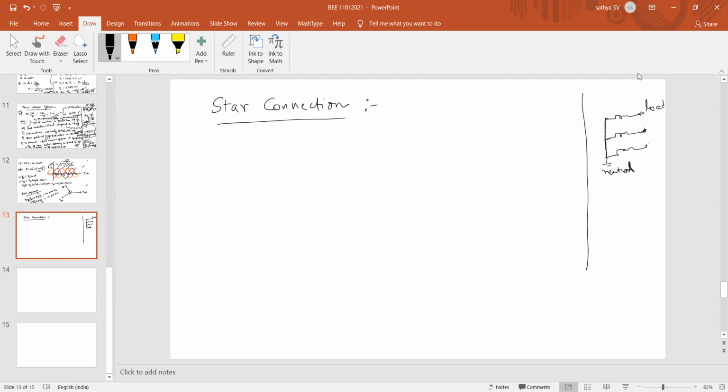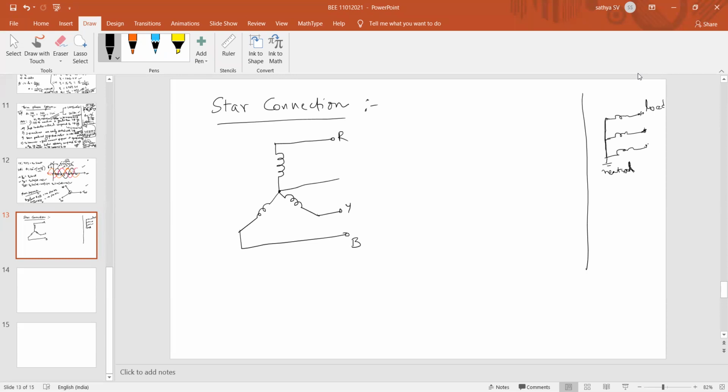Or else you can also draw this as coil 1, coil 2, coil 3. These are your R, Y, B phases. Here all one ends of each coil are joined together at this point.